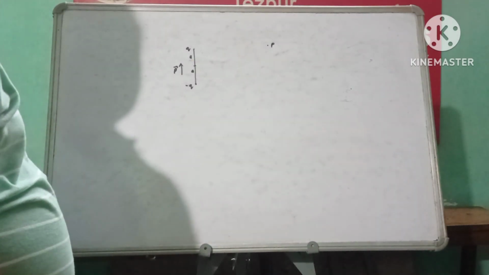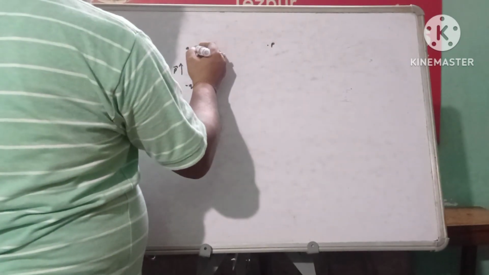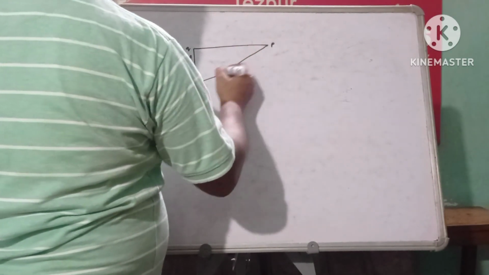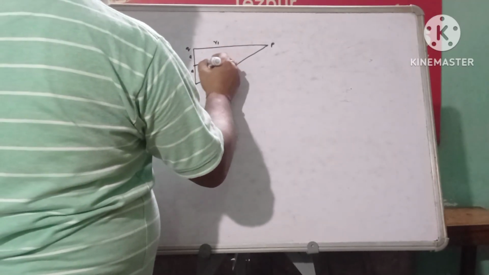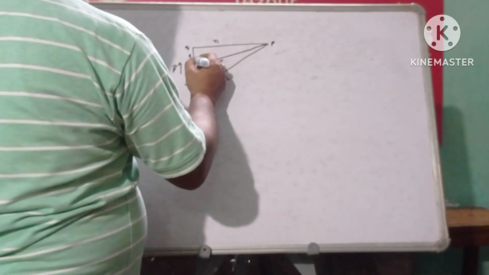We have to find out what will be the electric field at point P. Let this be R1 and this be R2, and this is R, making an angle theta here.